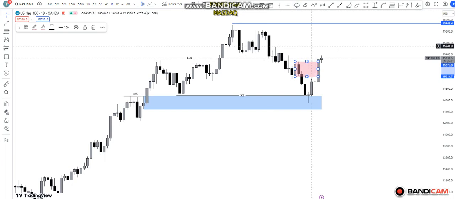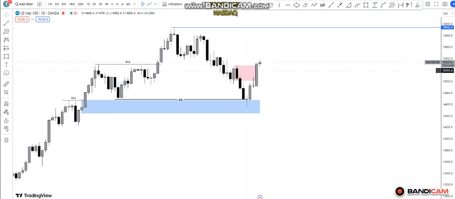So if the market managed to break this order block, it shows us that the market is on an uptrend. But the change of character you will find on H4, somewhere around here. Now we have this order block like this. Then we go to H4.